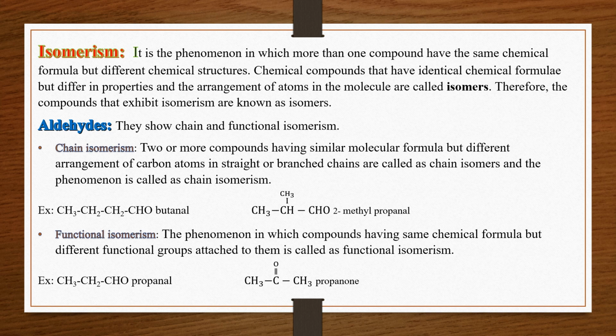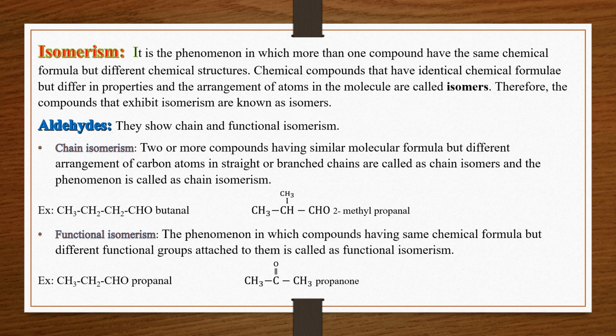It is the phenomenon in which more than one compound have the same chemical formula but different chemical structures. That means the chemical compounds which possess identical chemical formulae but differ in their properties and the arrangement of atoms in the molecule are called isomers, and the phenomenon is called isomerism.